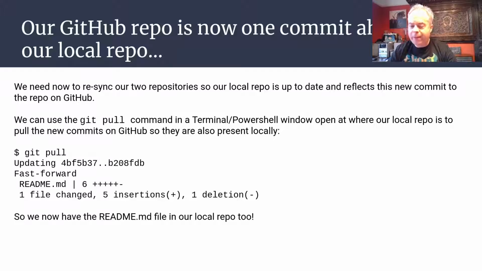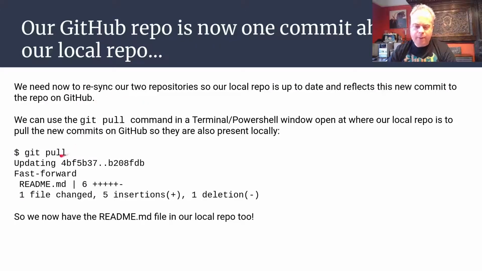So the opposite of git push, which is when we're pushing from our local machine to the cloud, is git pull, where we pull changes from the cloud to our local machine. And again, we interact with that via terminal on a Mac or PowerShell if you're on a Windows machine.